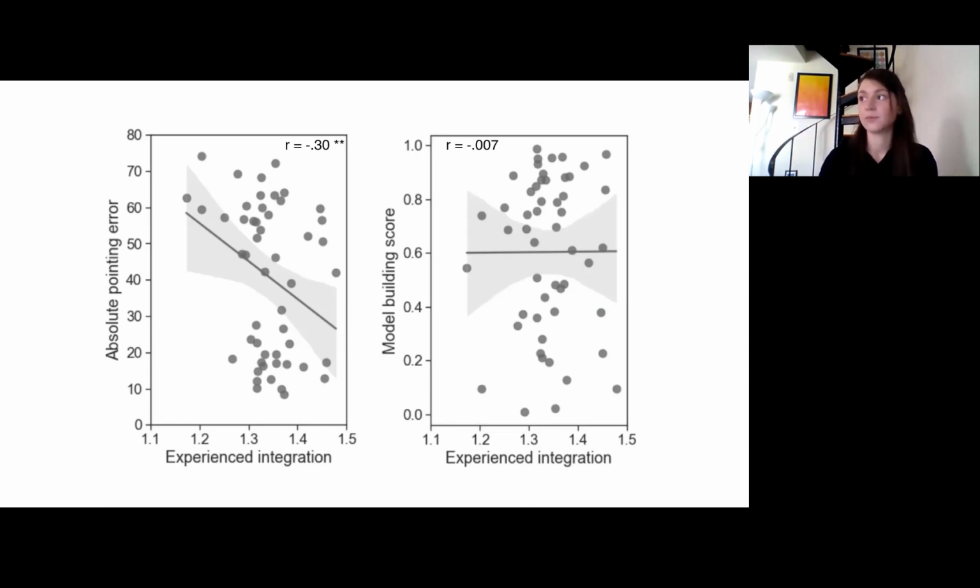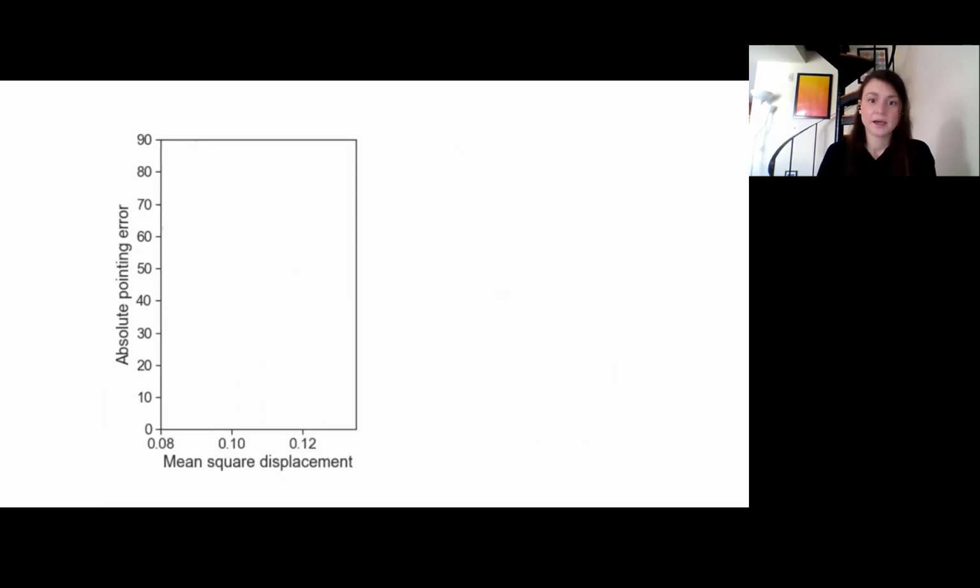One potential explanation is that in this experiment, we didn't tell people that they were going to have to draw a map, which might have biased people to approach this in a slightly different way. So they were maybe not as motivated to create a cohesive representation of the environment.